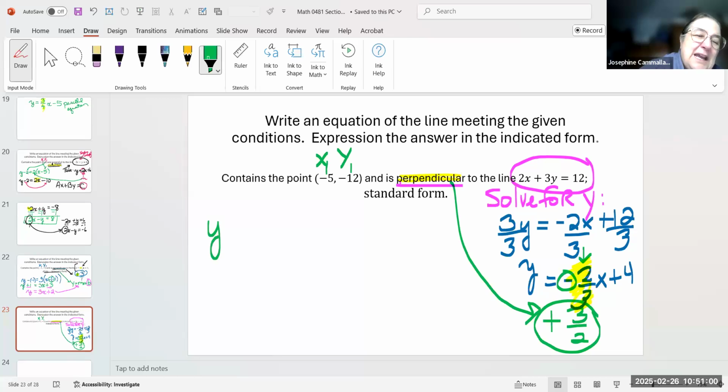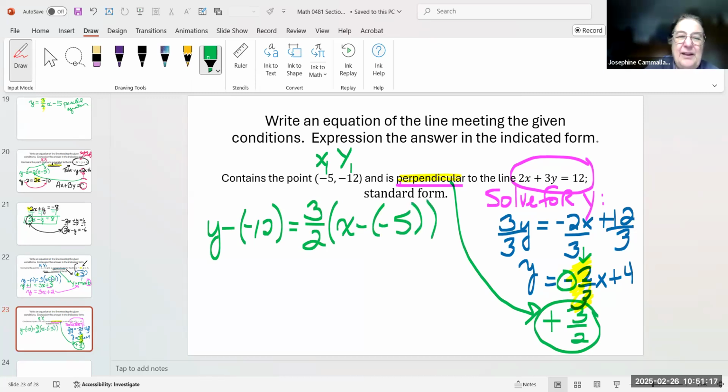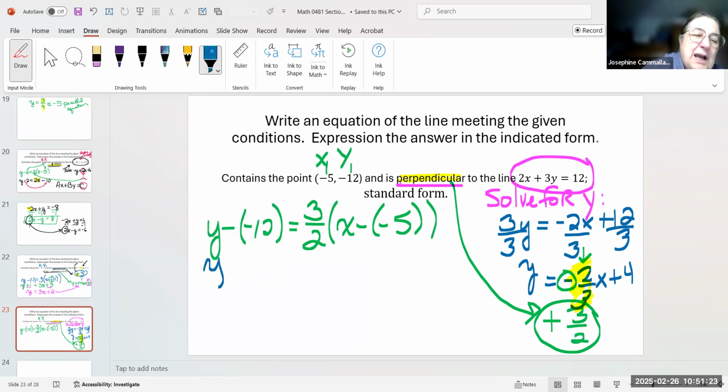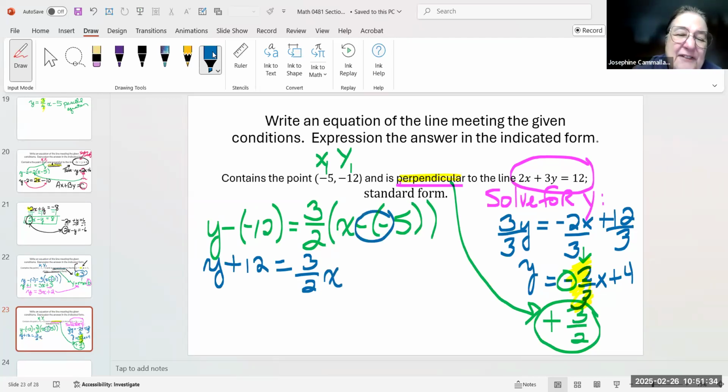Okay, y minus a minus 12. Now remember, this is a positive 3/2, x minus a minus 5. Okay. This is giving me y + 12 is equal to 3/2 x. I'm distributing, but remember, this is a positive 5 times 3/2, or 15/2.